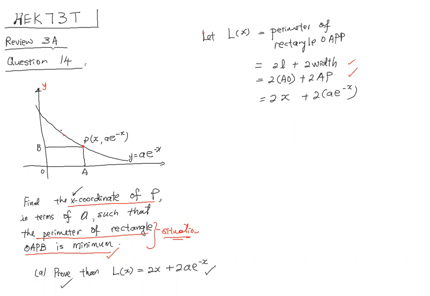Why must I find the derivative and equate the derivative to 0? What basis do I have? If the exam question asks you why you must equate the derivative to 0 in order to know the minimum situation, how are you going to answer? Can you tell the paper that I don't know? Is it because a is greater than 0?